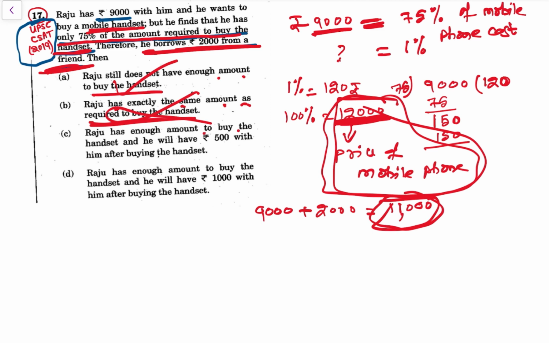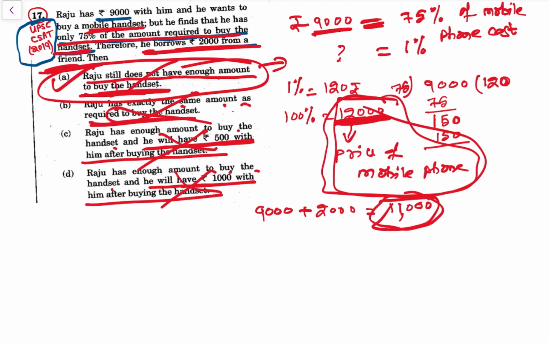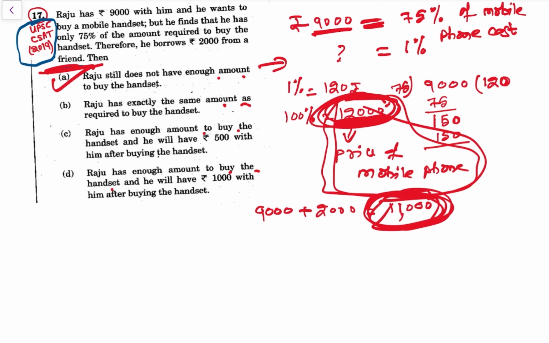Raju has enough amount to buy the handset and he will have 1000 with him after buying, no, so the answer is option A, that is, Raju still doesn't have enough amount to buy the handset. He needs 1000 more. 12000 का फोन है, he has only 11000 after borrowing 2000 also. So that's the question, option A is the answer.